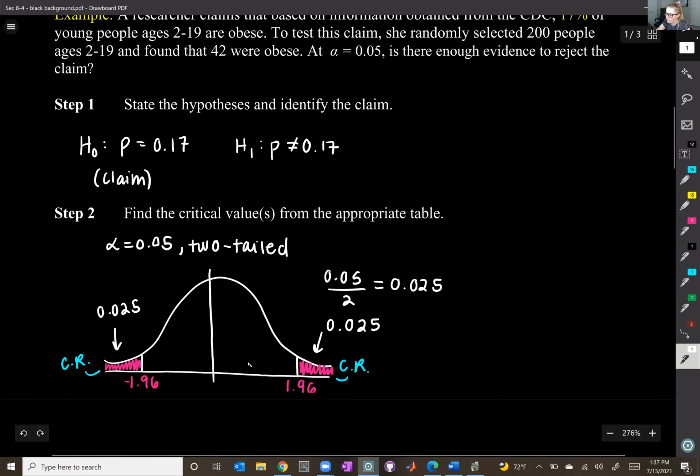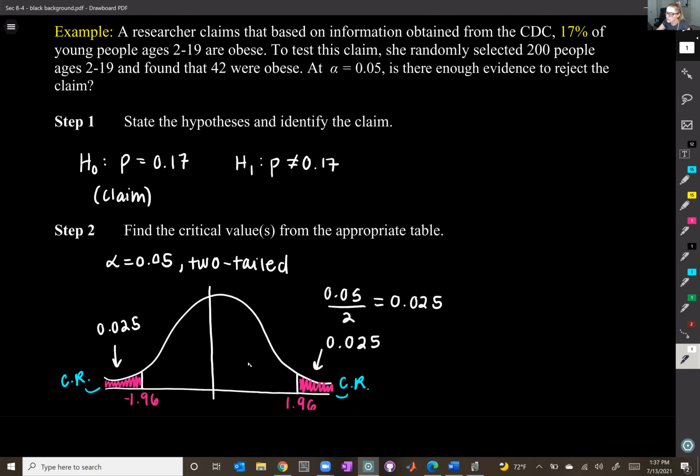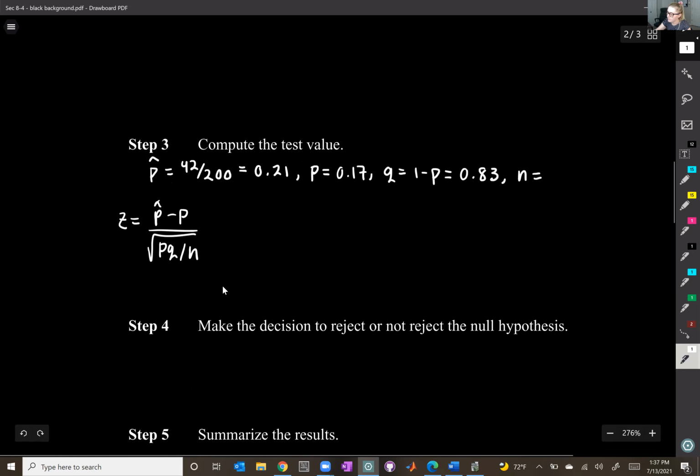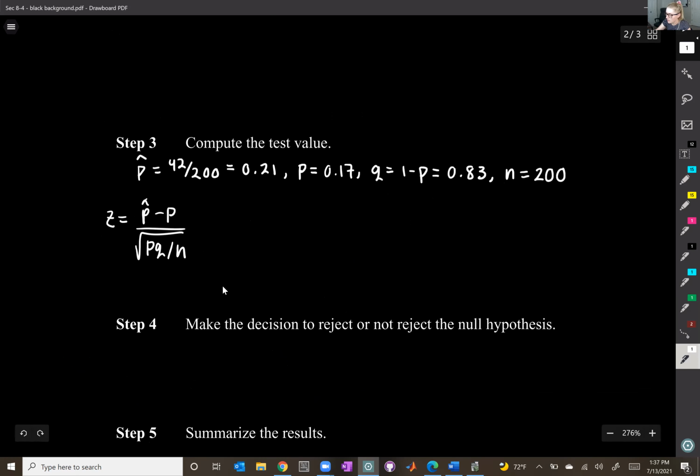By reading our problem one more time, we see that she selected 200 people, which means our sample size is 200. So now we just have to plug all of this in. We get 0.21 minus 0.17, all over the square root of 0.21 times 0.17 divided by 200.